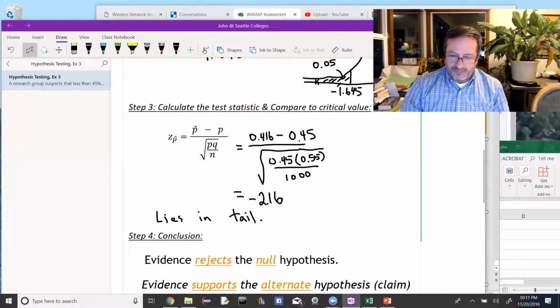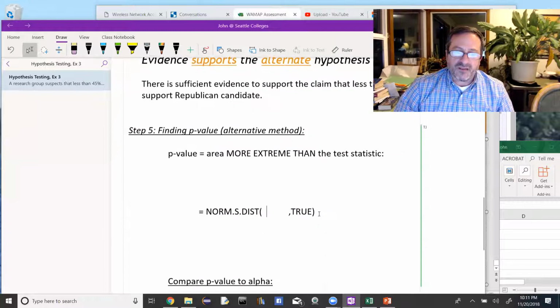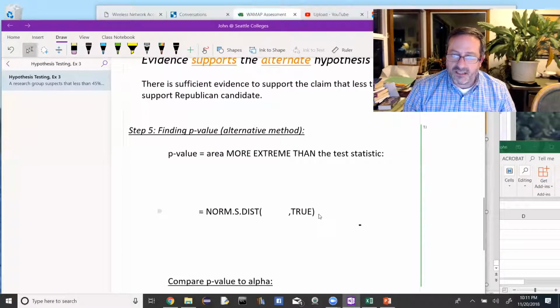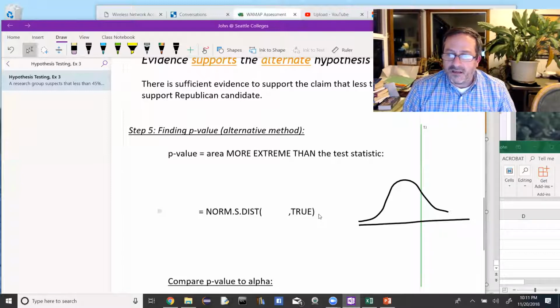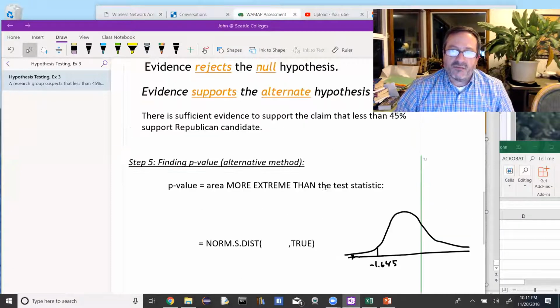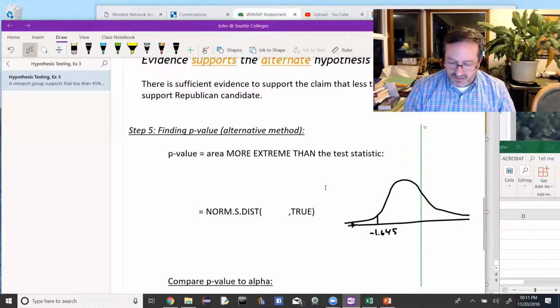In the picture, the p-value represents the area in the direction of the tail or tails. So here's my negative 1.645. And over here is my test statistic. So if I'm in the direction of the tail more extreme than negative 2.16, it's the area to the left of this. So it's not very much area.